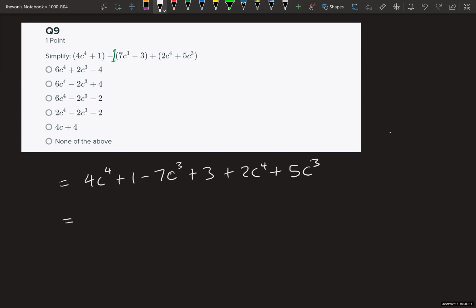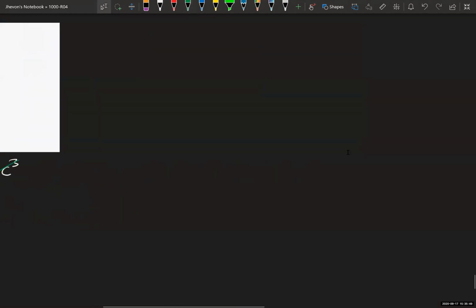And then you combine like terms, which would be 6c to the fourth, and then plus 4 minus 2c to the third. Okay, and that leaves us with 6c to the fourth minus 2c cubed plus 4. Looks like the second option. That's correct. Just combining like terms.